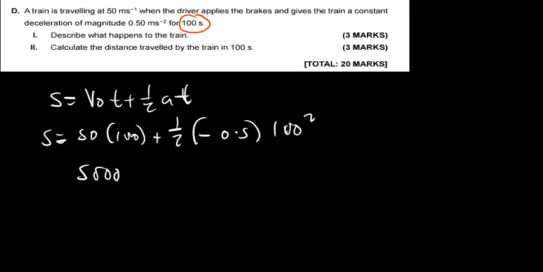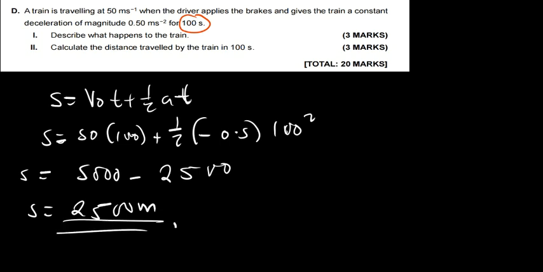So the first term is going to be 5,000. Minus 100 squared times 0.5, again times 0.5, because 1 over 2 is 0.5. So I'm getting 2,500. So if I do 5,000 minus 2,500, again I'm getting 2,500 meters.